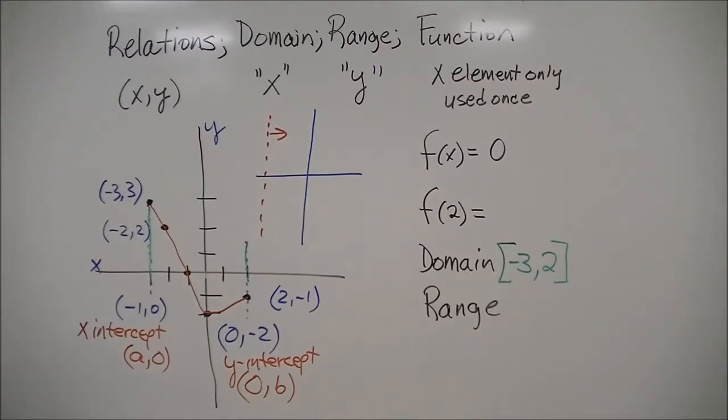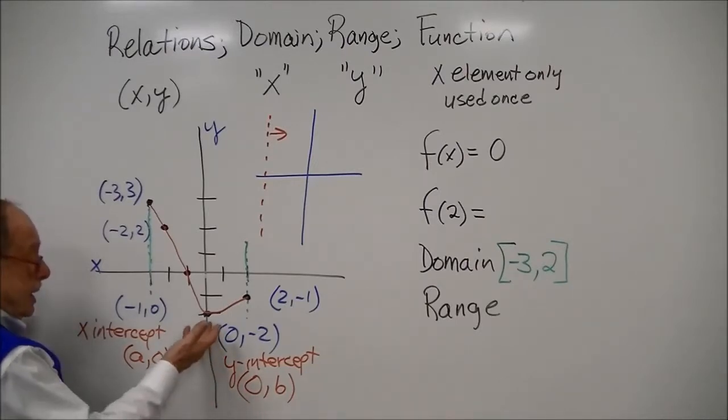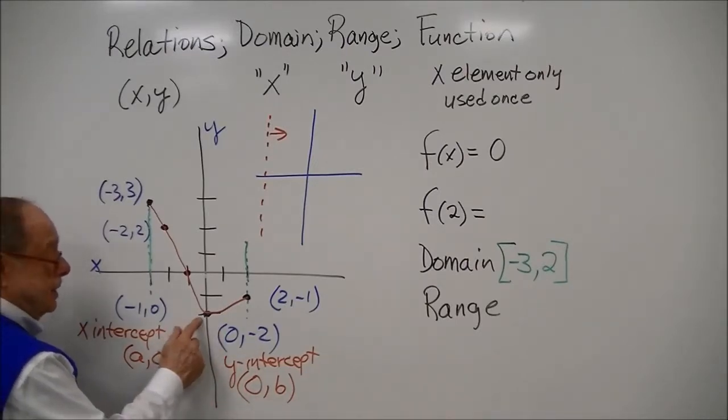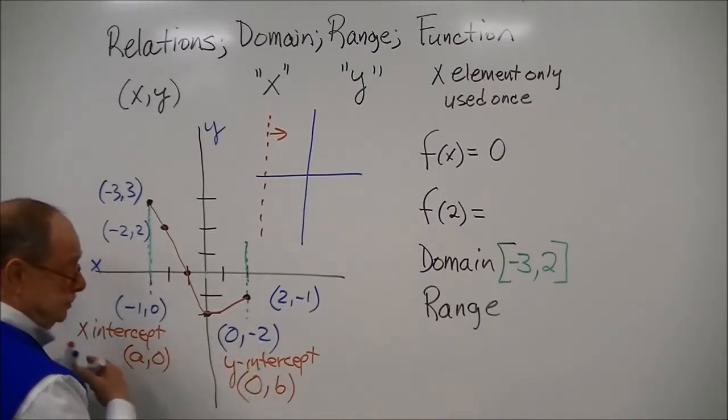Now, for the range, what we're looking for, as we come up from -infinity, which is in this area, as we come up, it starts here at the y value of -2.